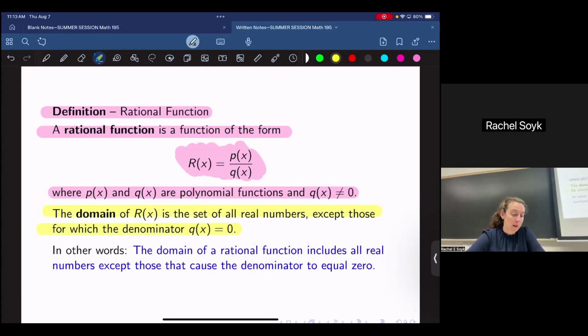I like to just think about it as what are our restrictions? Denominator can't be 0. So what makes the denominator 0? And anytime you're dealing with radicals that have an even index, so square root, quartic root, the 6th root, you need to make sure that underneath that root is greater than or equal to 0. Because if it's negative, then you bump into that imaginary world.